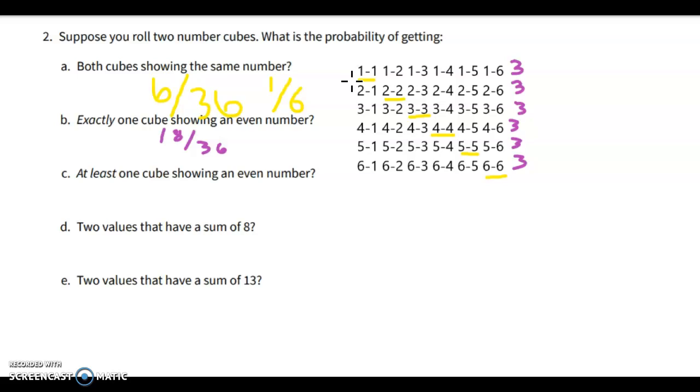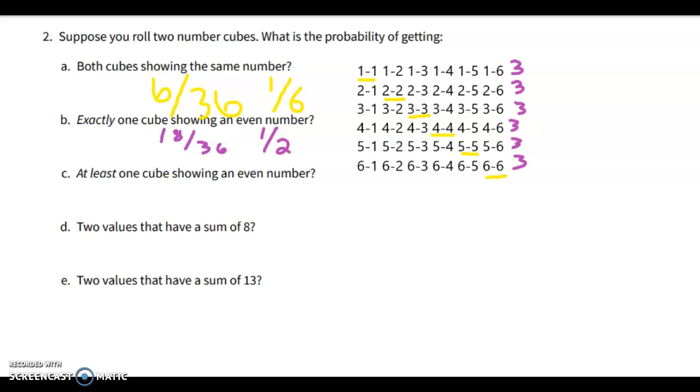Both 18 and 36 are divisible by 18. 18 goes into 18 one time. 18 goes into 36 2 times. So pretty much we have a 50% chance of getting exactly 1 cube showing an even number, right? And we saw that 50% of these, and so forth, gave us exactly 1 cube showing an even number.